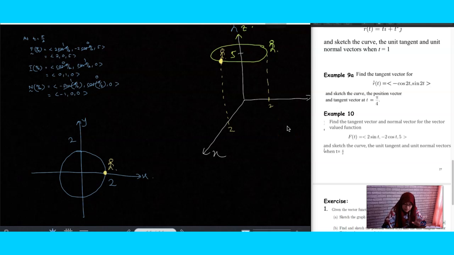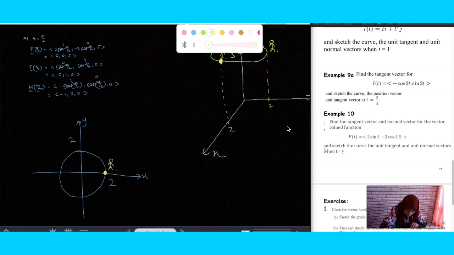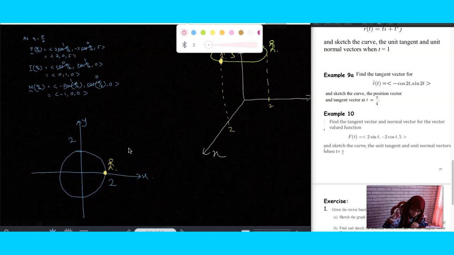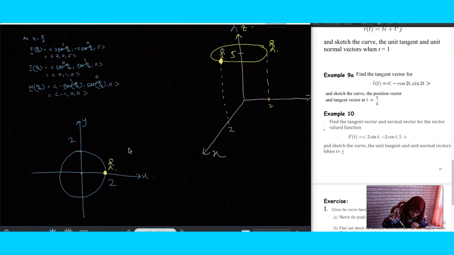So now we have to label. Okay, the labeling is very important. If you want to label in 2D, how can you do that? You have to draw a straight line from the origin and point to that point.